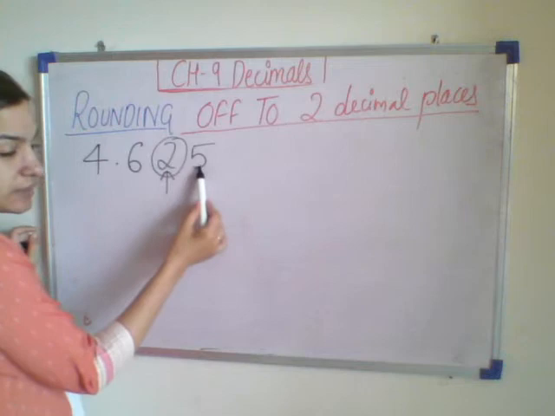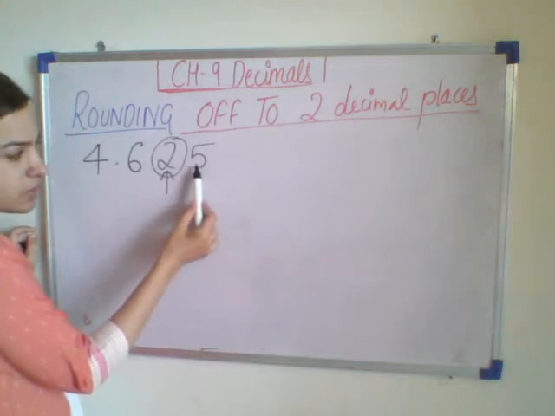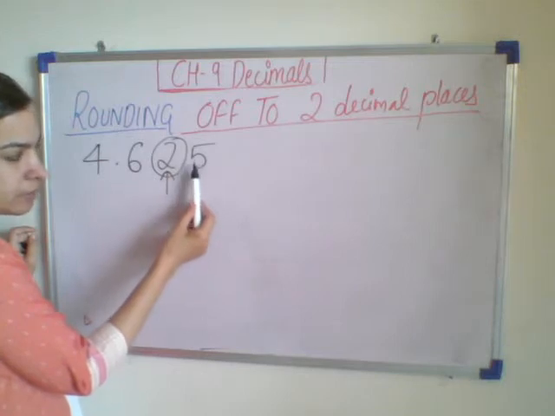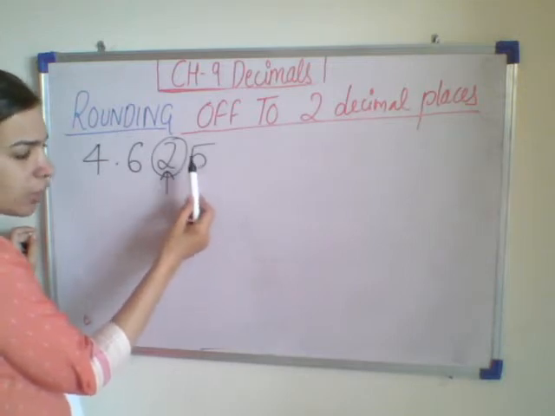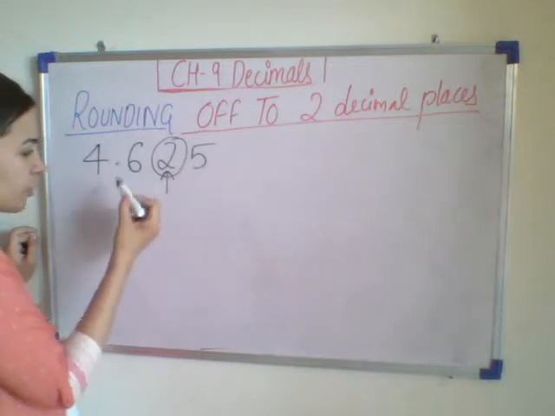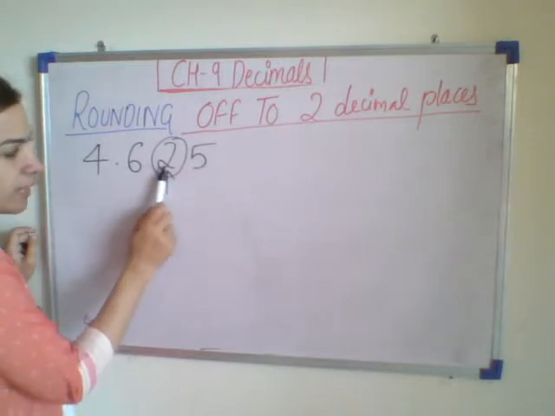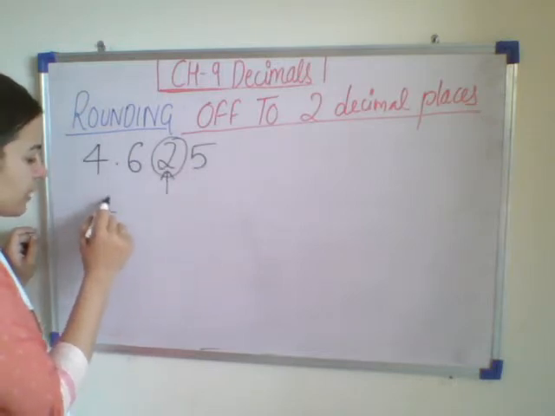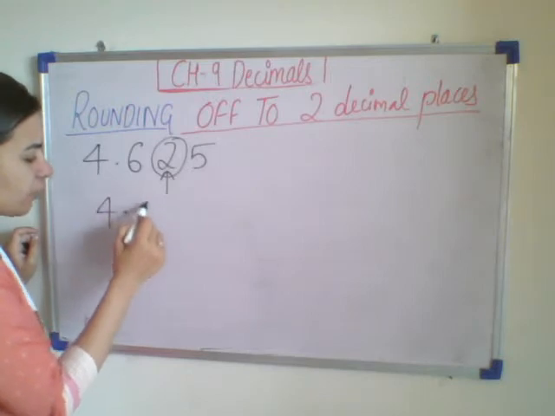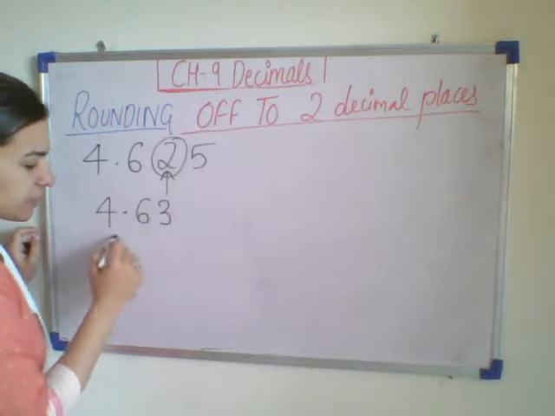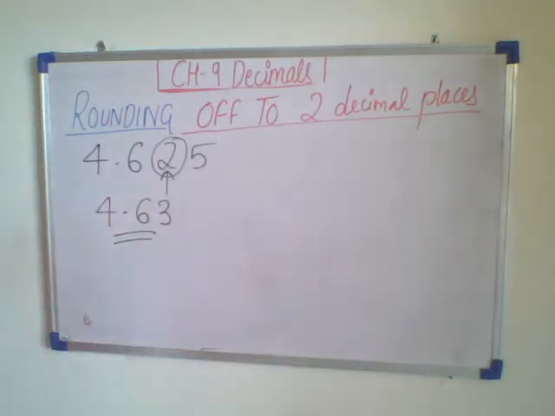The digit to the right is 5. So if the digit is 5 or greater than 5, then what we have to do? We have to add 1 here. So when we round off this, we will be getting 4.63. This will be our final answer.